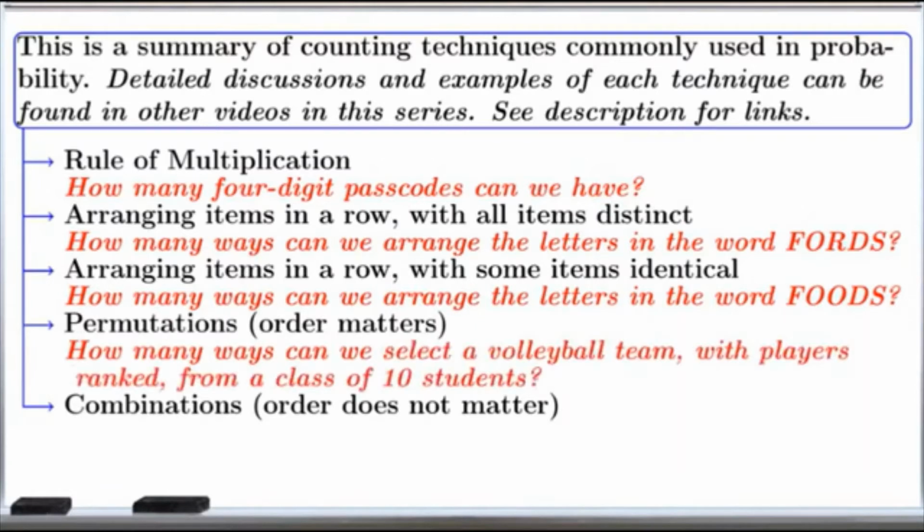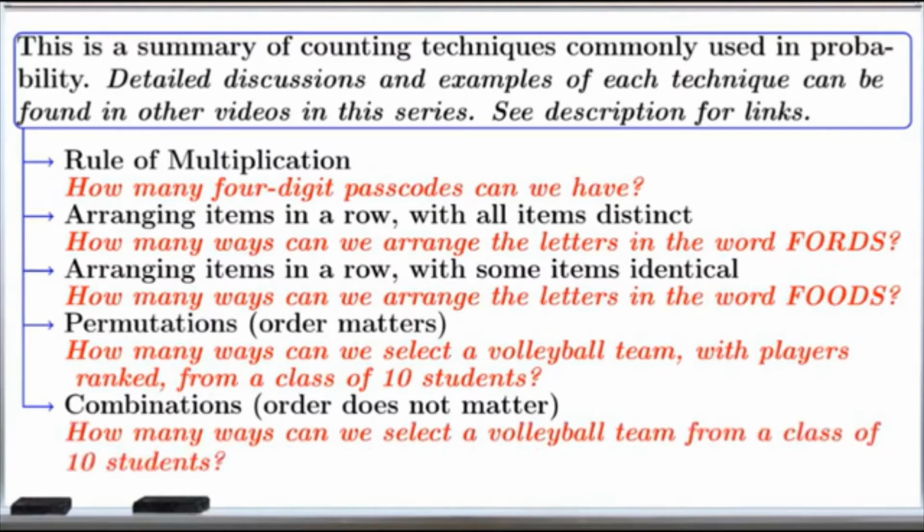Next, permutation and combinations. These are widely used in selecting number of items from a group, so in permutation order of selection matters, and in combination order does not matter.